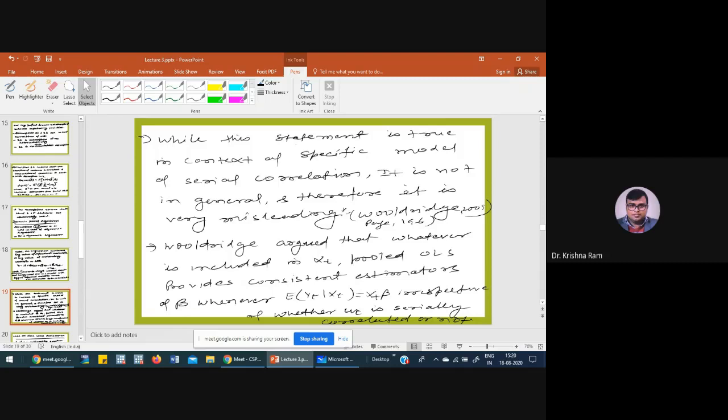More about this is given in Wooldridge's cross-sectional and panel data econometrics book on page number 196. We may go through that. Here Wooldridge mentions a reference reading for it. I haven't gone through that reference reading, but if you feel you want to know more about this particular aspect, then you must go through that.